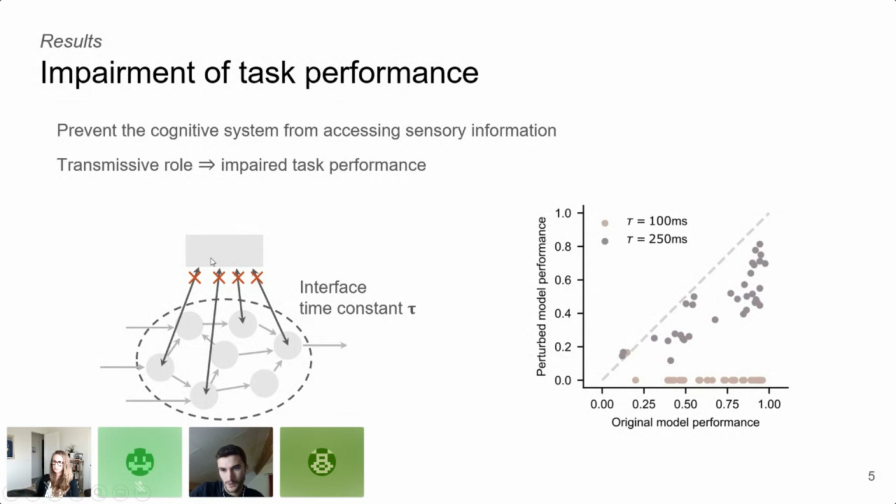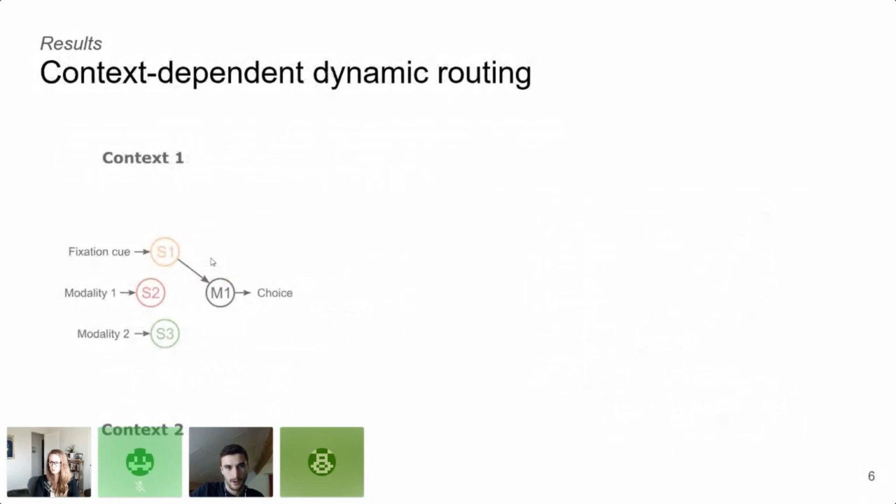But to investigate that a bit more, we can look at the communication patterns between the modules and how they evolve during a trial. Okay, so now we will consider the contextual decision-making task that I described briefly on the first slide.